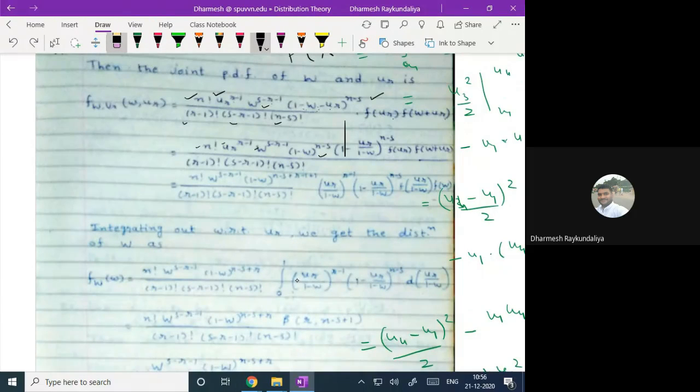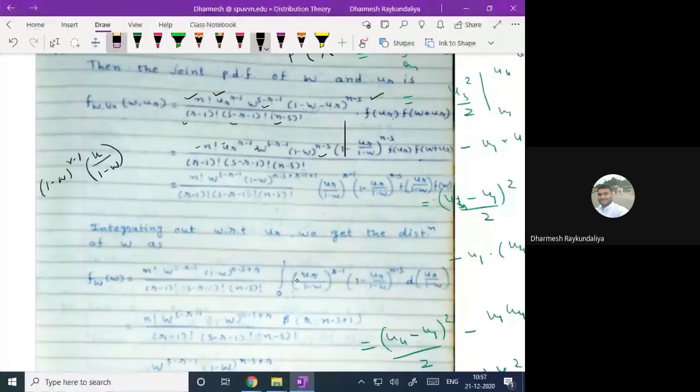Now what I do, I will divide ur by 1 minus w. So what is the power of ur? r minus 1. If I am dividing, first I multiply 1 minus w raised to r minus 1, and then I can divide.